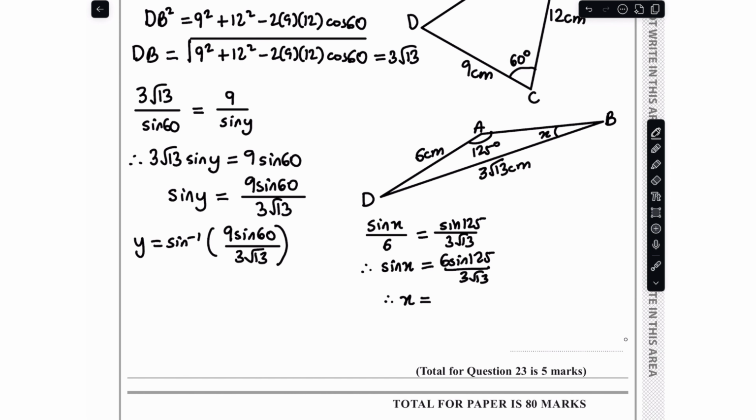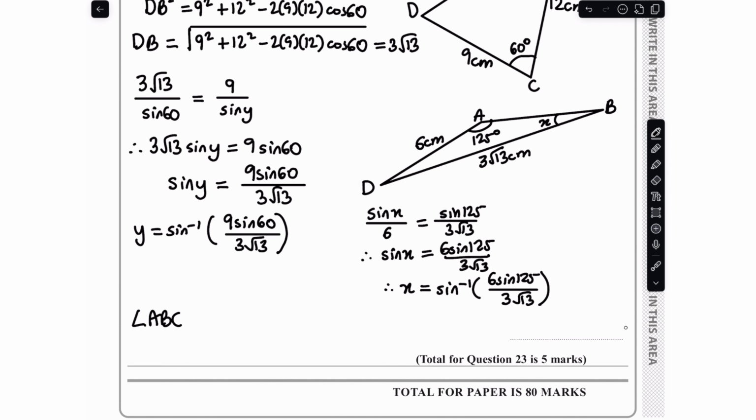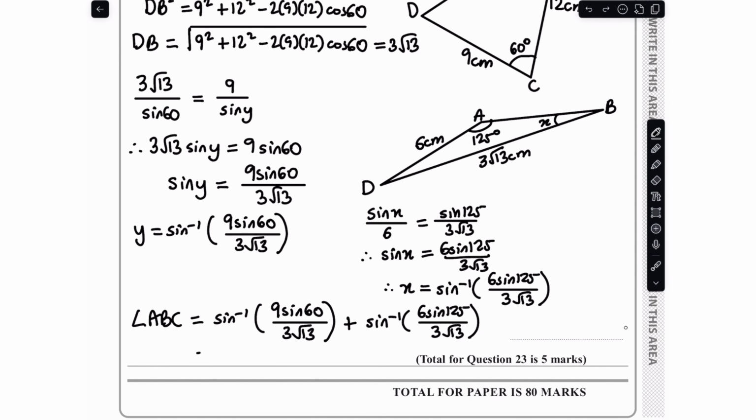Therefore, x equals sine inverse of 6 sin 125 all over 3√13. Therefore, angle ABC equals sine inverse of 9 sin 60 over 3√13 plus sine inverse of 6 sin 125 over 3√13, which equals 73.127. So the final answer is 73 degrees to the nearest degree.